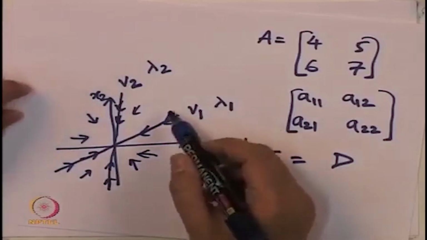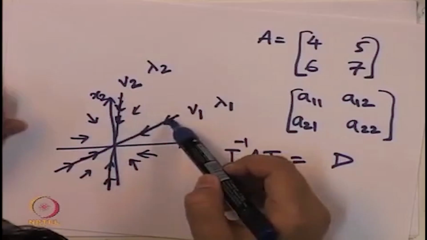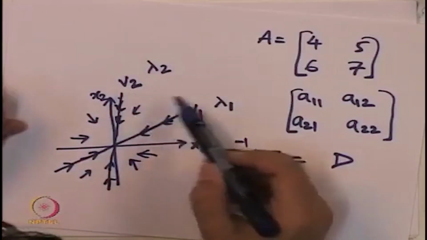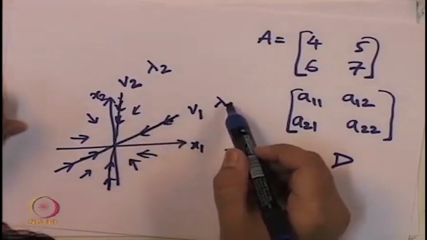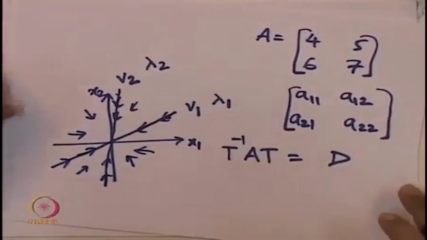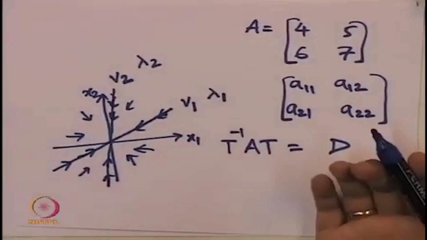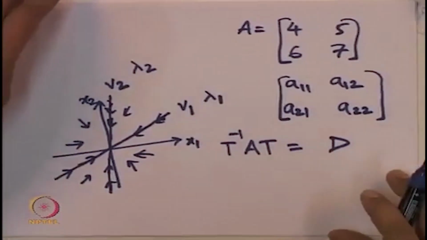So more generally, if A is diagonalizable, we have two directions called eigenvectors along which we can draw the arrows either towards the origin or away from the origin, depending on whether lambda is negative or positive respectively. In which case again we are able to decide whether the node is a stable node or unstable node. Our assumption till now has been that both the eigenvalues are of the same sign. When they are of different sign, that is the next thing we will see.